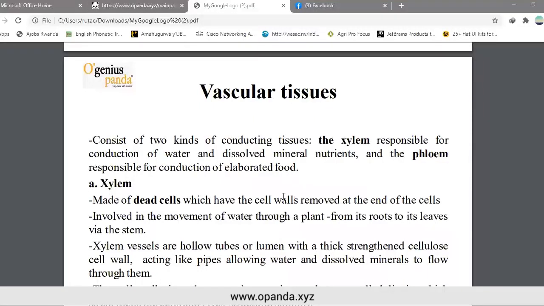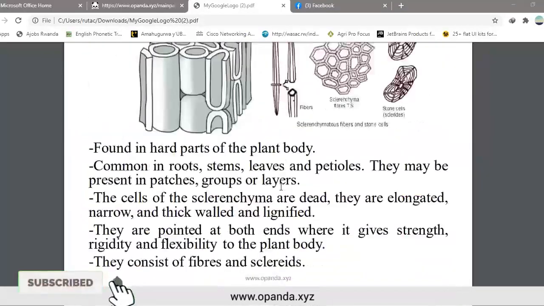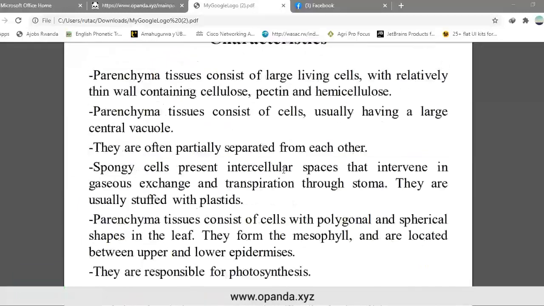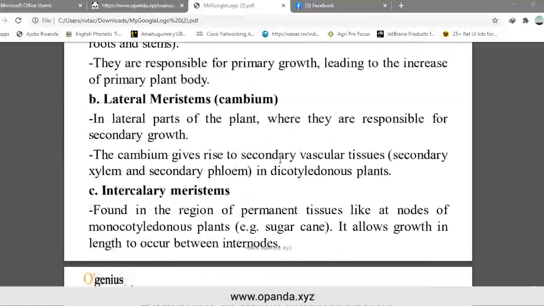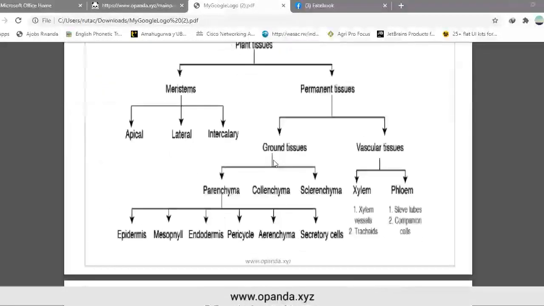Vascular tissues now, they consist of two kinds of conducting tissues. First of all, let's go back to the diagram detailing all types of tissues. We ended with meristems: apical, lateral, and intercalary. We described all of them.